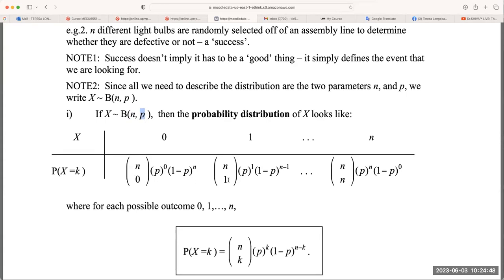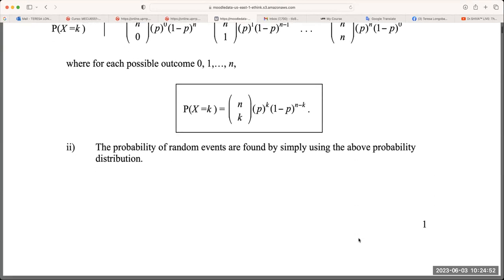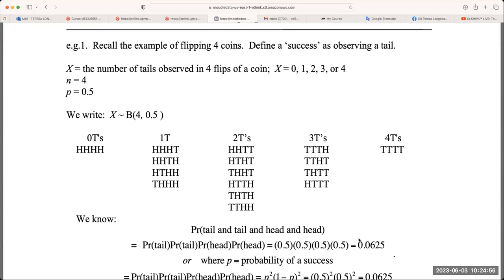So what is this whole thing? What is going on? I'm going to use the example of flipping 4 coins that we're familiar with, where the possible outcomes have been sorted so that I can easily visualize 0 successes, 1 success, 2 successes, 3 successes, or 4 successes.